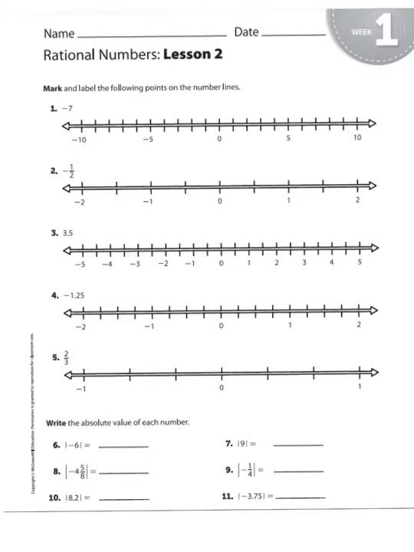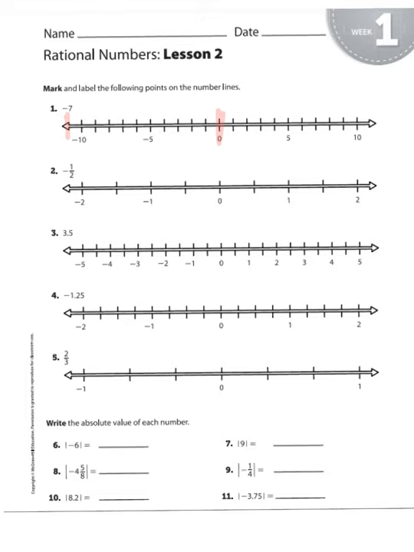On your practice page 1 through 5, you are going to make a label on the following point on the number line. You will just have to drag your answer to the correct spot on the number line on your practice page. So remember, if it's a negative number, it's going to go only on the negative side of the number line.